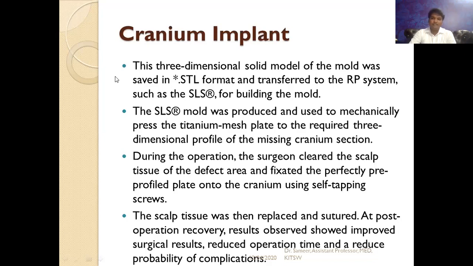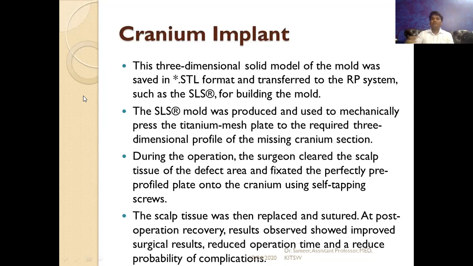As we have seen in the earlier video lectures, after getting the 3D image, whether you draw it using conventional 3D software or take it from the CT scan 3D data file, it has to be converted into a readable format which the additive manufacturing unit can understand. The generally used data format is .stl format by all the machines in and around the world.